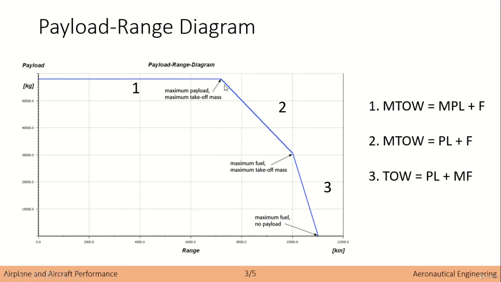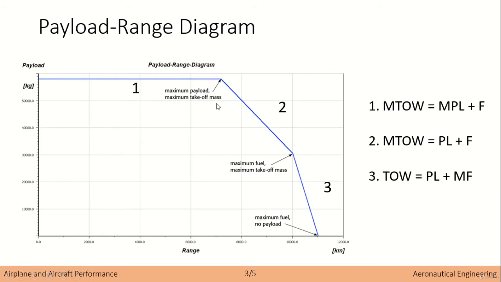There will be a point where the amount of fuel that you need is actually limited by the maximum takeoff mass and the maximum payload. So what I mean by this is that there will be a point when the maximum payload, summed with the maximum fuel, cannot withstand the maximum takeoff mass.